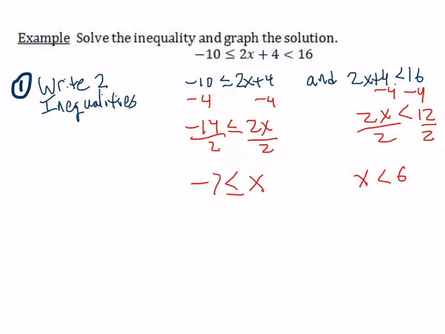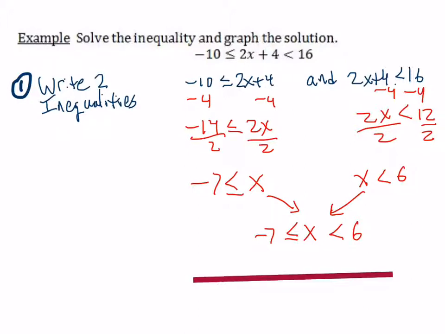So now we can put these back together, because these things are both true at the same time. x is greater than or equal to negative 7, and it's less than 6. So what we can do now is make a number line and graph this. Let's graph on our number line.